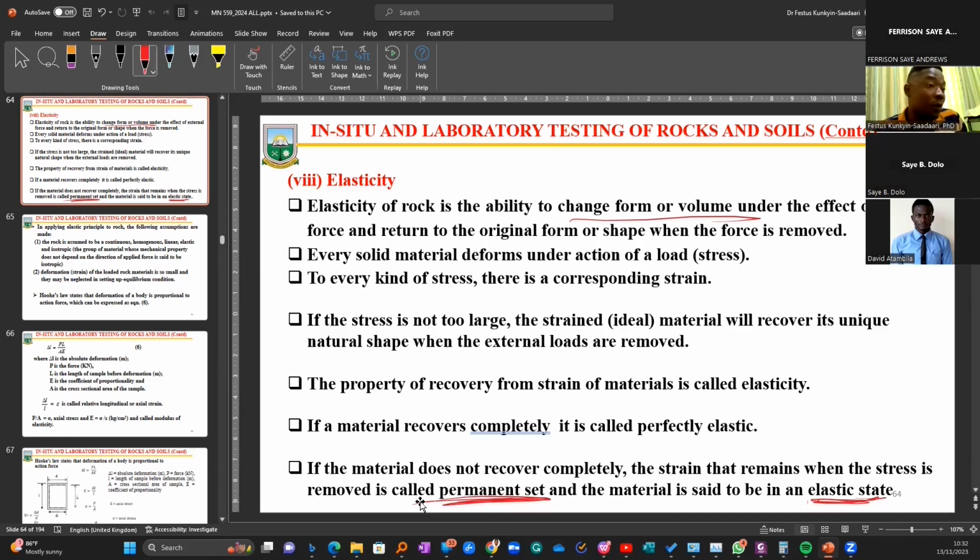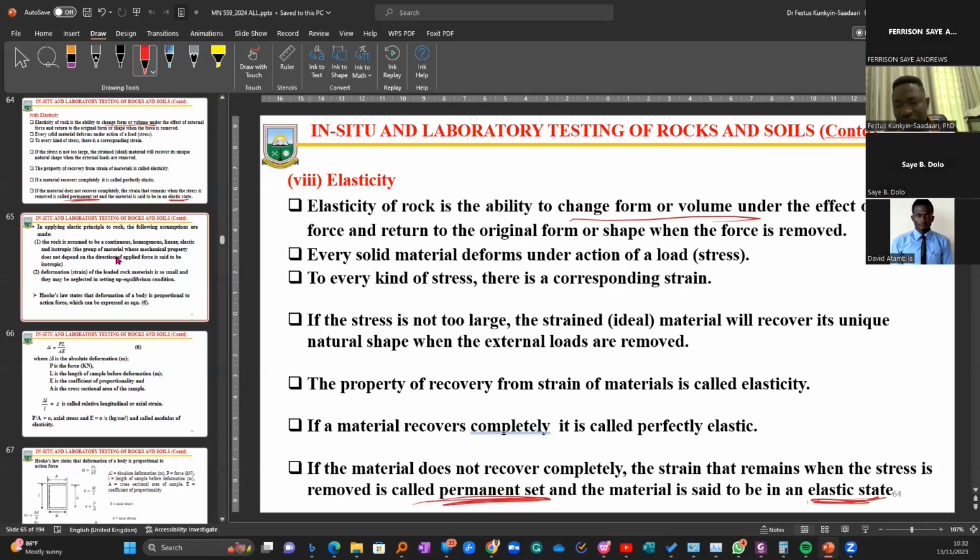It has not failed completely, but it is no longer as it used to be. It is deformed in some kind of way. And so we have to always be sure that when we are exposing materials to this type of test, we don't exceed the threshold of the material. Then we can have it returning to its original state.